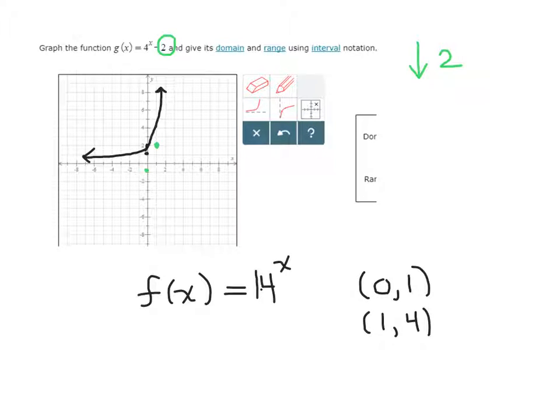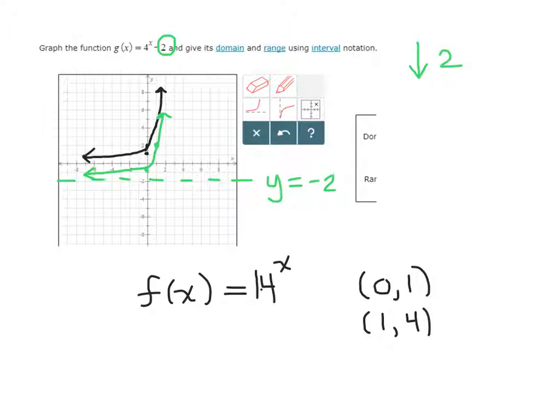In addition to that, our horizontal asymptote would also have to slide down 2 places. So now instead of it being at y equals 0, our horizontal asymptote is at y equals negative 2. Our function then would look something like this.